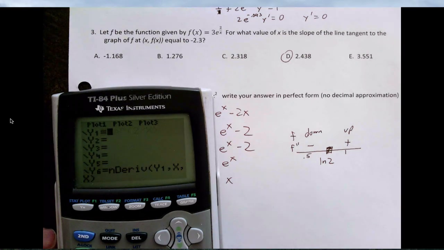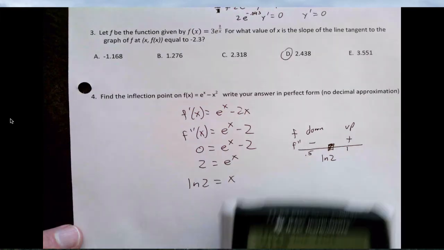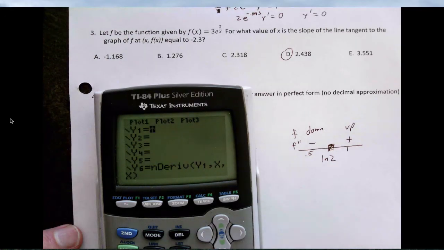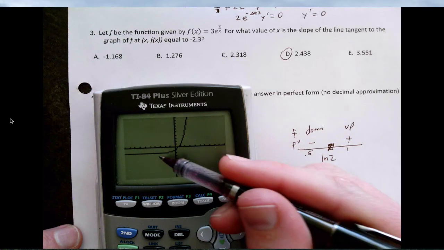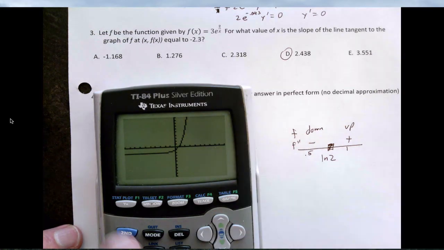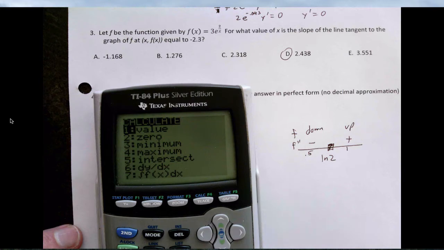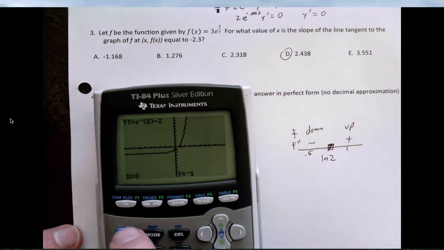Second way to look at it: I've got e to the x minus 2, and just graphing it, I can see it go from negative to positive, and it does that. So I can calculate at, I'll need that trace at the natural log of 2. Here we go.